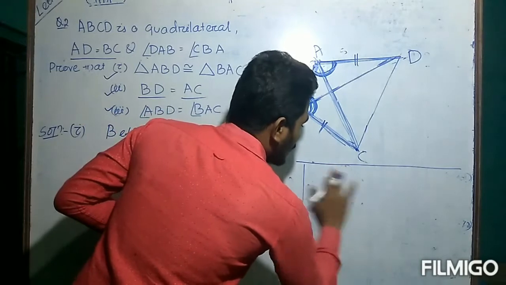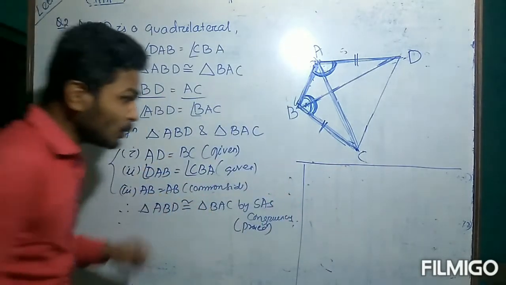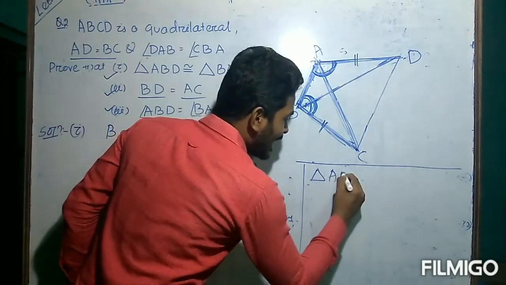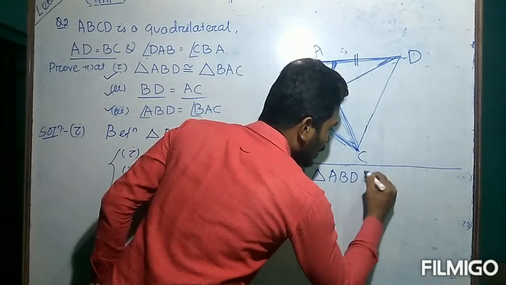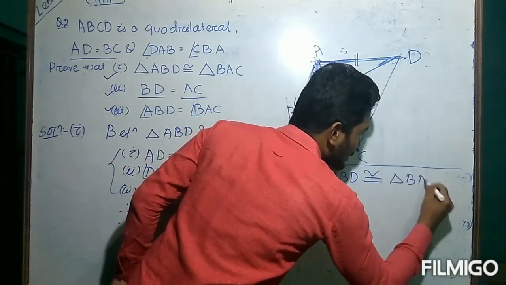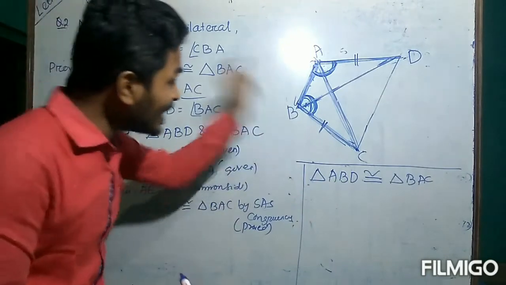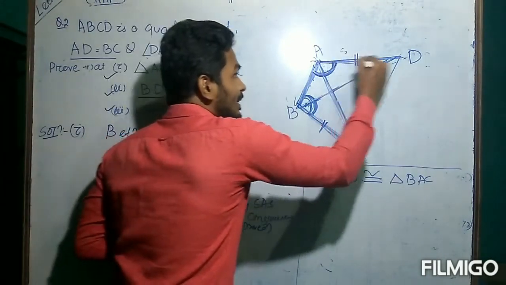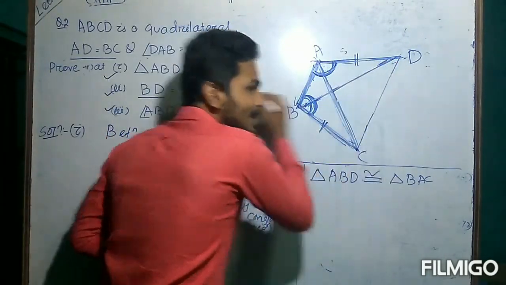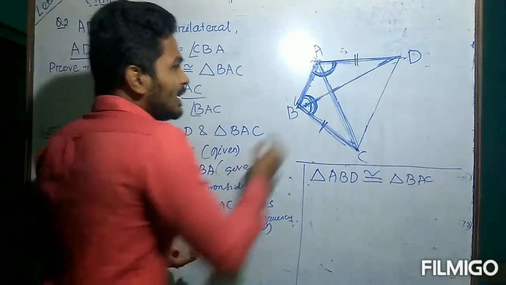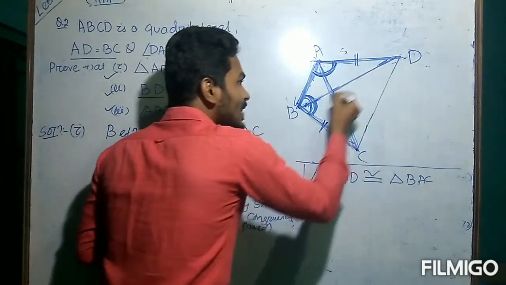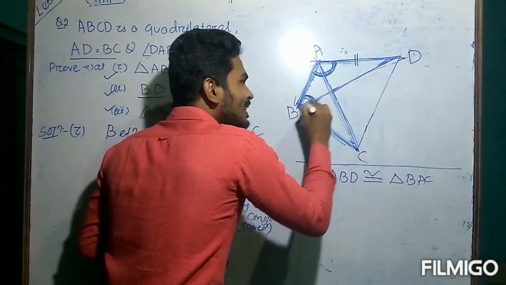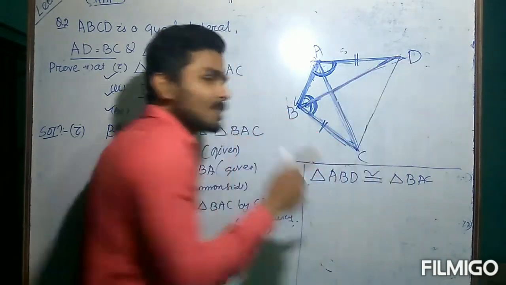Okay, what we have proved here? We have proved that the triangle ABD is congruent to the triangle BAC. Okay, let us identify those two triangles. This is the ABD, this is the BAC. Now, see, if we consider this triangle, then this is a side of this triangle. Yes or no?